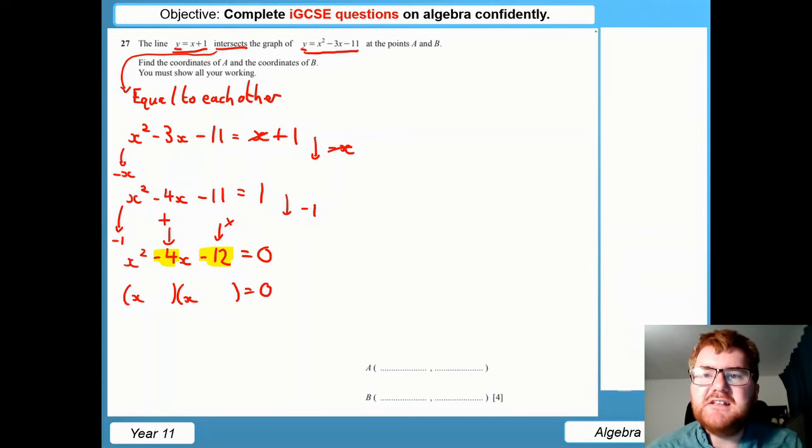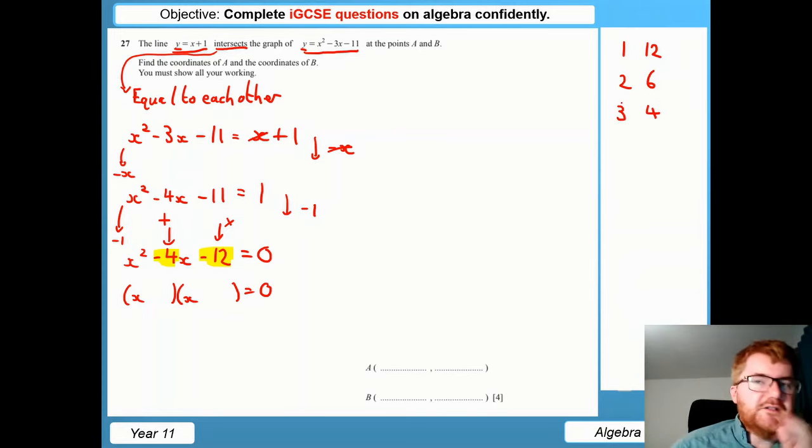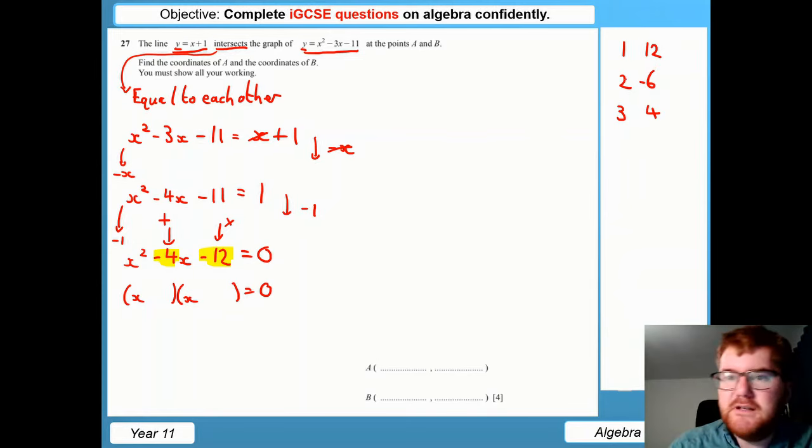Now one way you can do this is actually just write out combinations that multiply to give you 12 and then see what works from here. And if we have a quick look at this, if I put a minus here in front of the 6, well, minus 6 times 2 is minus 12, good stuff, and then minus 6 plus 2 is equal to minus 4. So I found the numbers that go into my brackets.